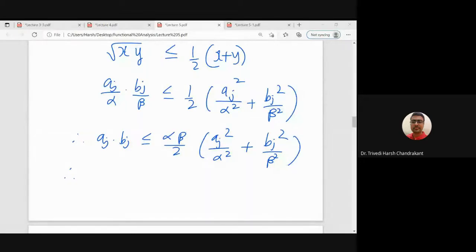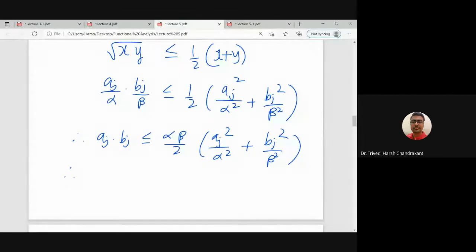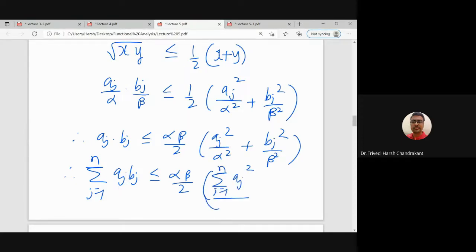That means we can take the summation over j on both sides, and alpha beta by 2 is a number. So we get the summation of aj square divided by alpha square plus the summation of bj square divided by beta square.